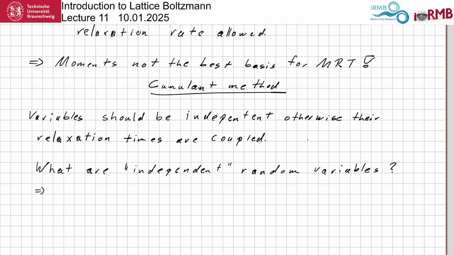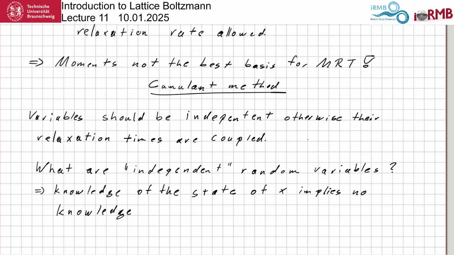So, say knowledge of the state of X implies no knowledge, also in the statistical sense, no knowledge on the probability of the state of Y.